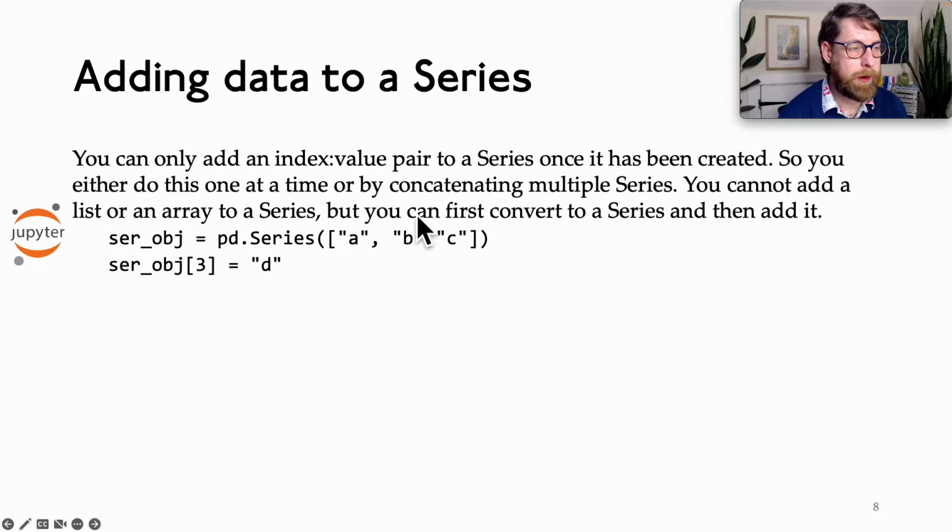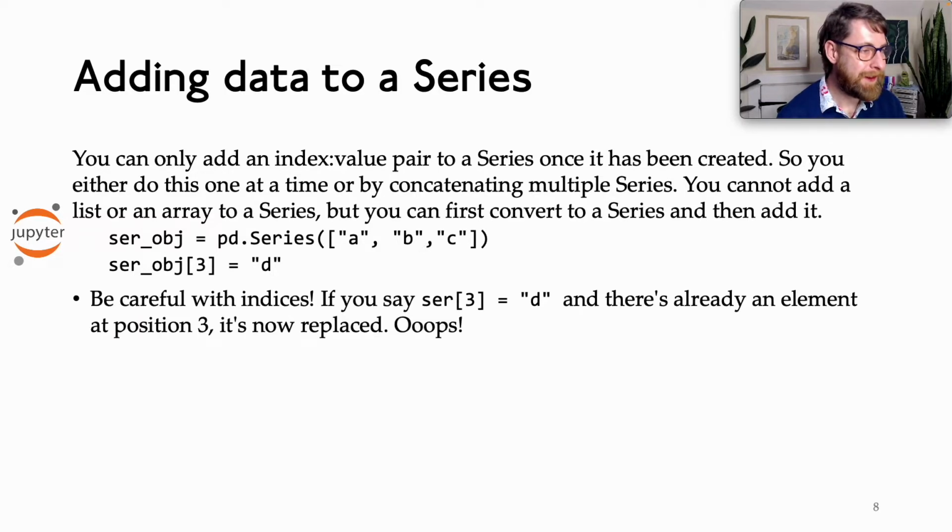We have a 0, a 1, and a 2, but we don't have a 3. So in this case, the series will have a new row, and that row will have the letter D in that position: 0, 1, 2, and 3. If it did already have something in the third position, D would overwrite it. So you want to make sure that you're managing your indexes or indices properly, as I say here.